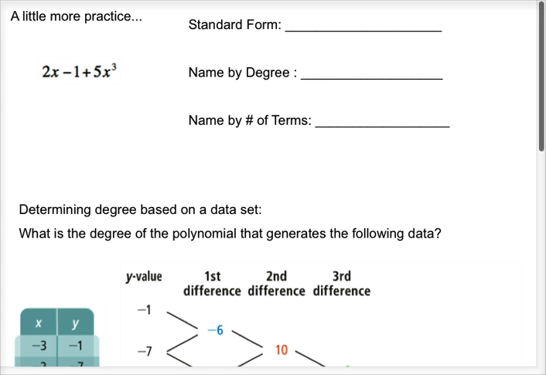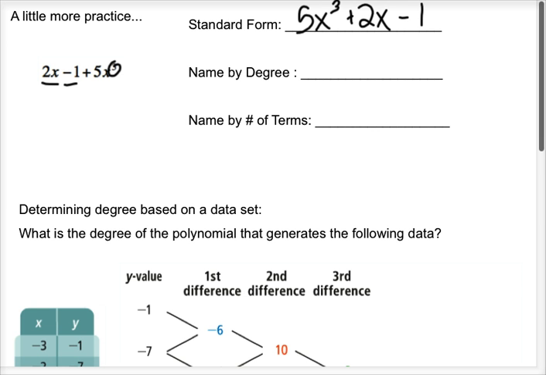All right, one more practice. So again, first, putting it in standard form. Well, the largest degree I see is at 3, so I'm going to write the 5x to the 3 first, then the 2x, and then the minus 1. So put it in standard form.